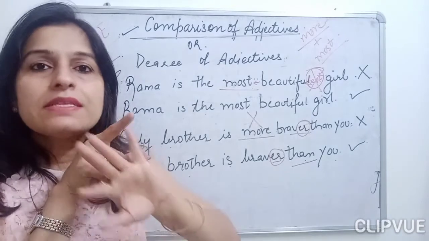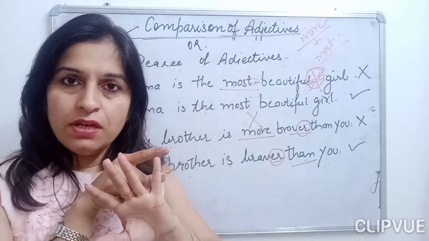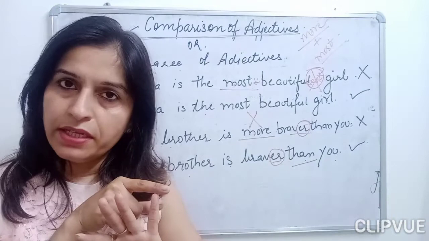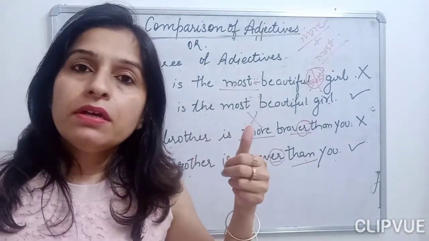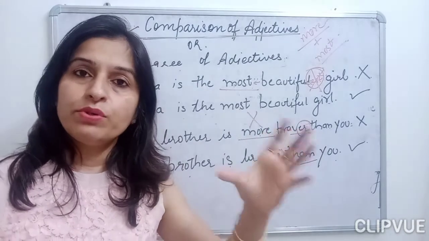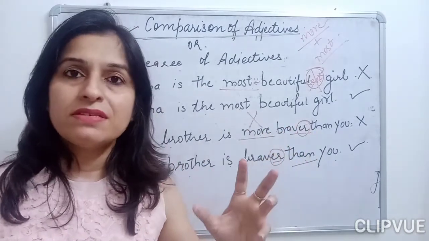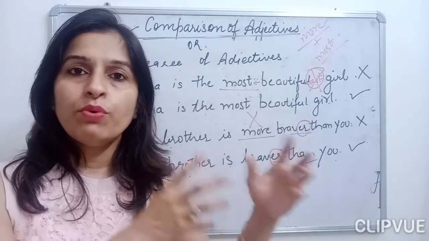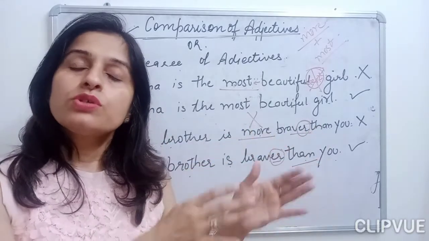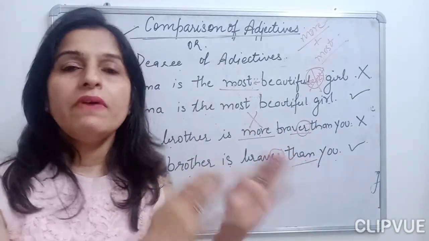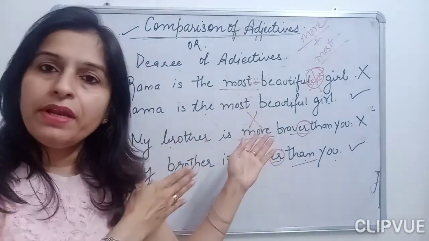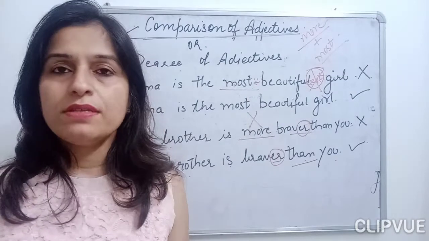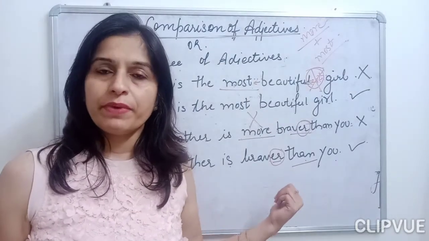Then we did some irregular adjectives which do not follow any rule. Lastly, we did adjectives like beautiful, comfortable, expensive, where we use more and most to show their comparative and superlative form. And lastly, the common errors made by students while doing this topic.